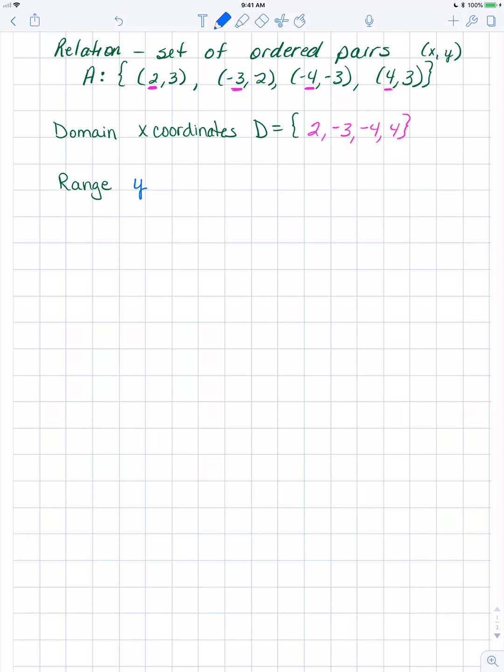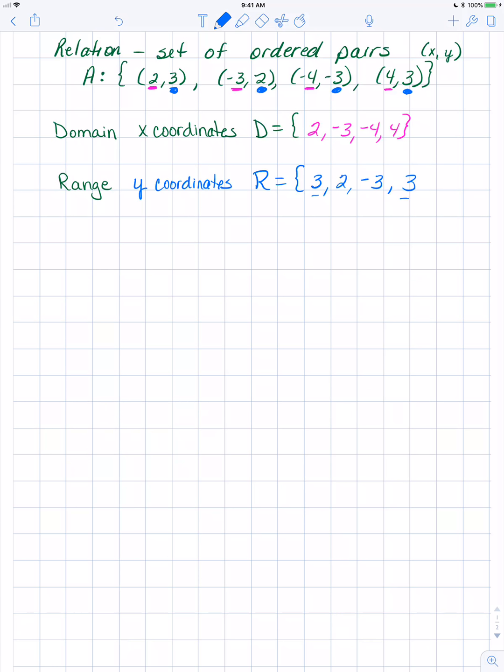Then we have the range. Well, the range is going to be your Y coordinates of all of those ordered pairs. And that's just usually denoted by a capital R. And we make those little brackets again. And remember, it's the Y values here. So we're just going to list that second one. So we've got 3, 2, -3, and 3.